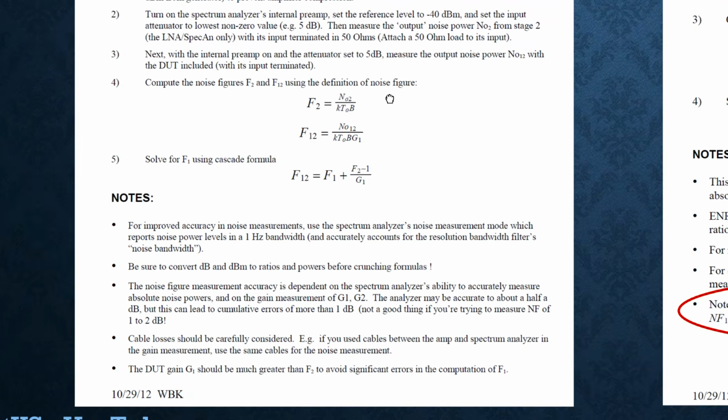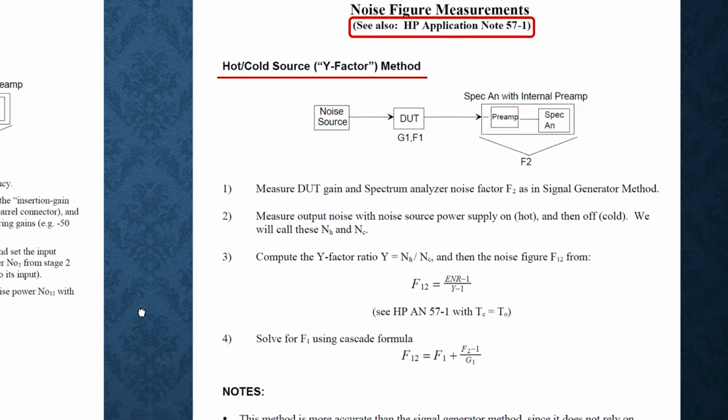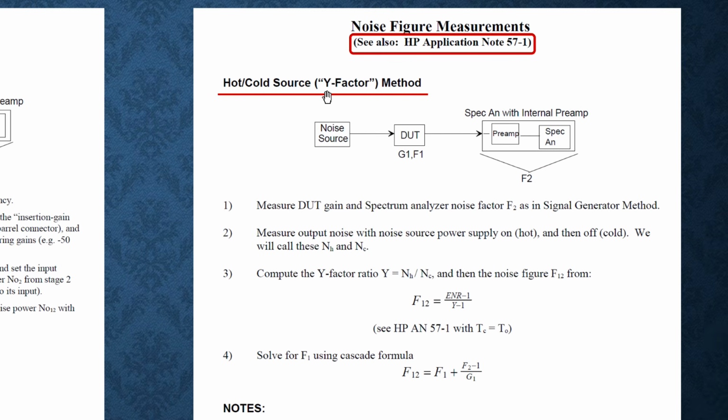The so-called hot-cold method is on the second handout. It's also called, more often probably, the Y-factor method for reasons you'll see in the equations. If you want to know about this in detail, Hewlett-Packard put out an application note 57-1. It involves the use of what's called a calibrated noise source.